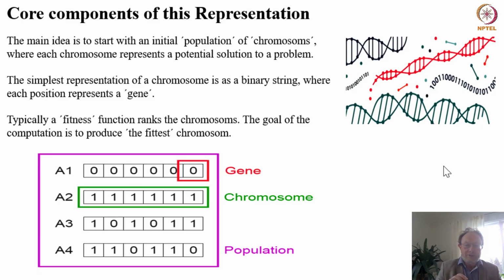As I said earlier, what we discuss in this lecture is a very simple model where each data item is a binary string. This means that in the terminology used in genetic algorithms, the gene is one position in such a string.